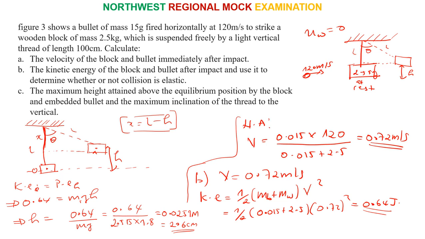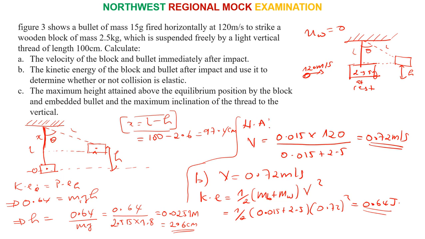Okay, so at that stage we can now calculate the inclination of the thread. Since I know that this height is 2.6 centimeters, then my x will be L minus h, which is 100 minus 2.6. So 100 minus 2.6 gives 97.4 centimeters. And here we can now calculate our maximum inclination.